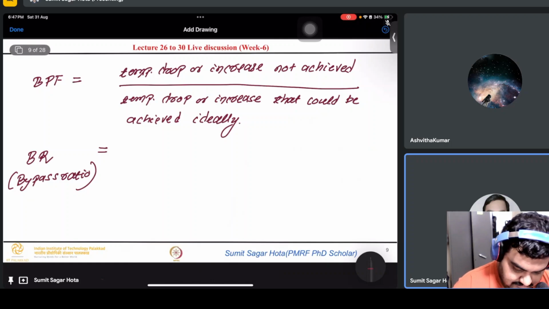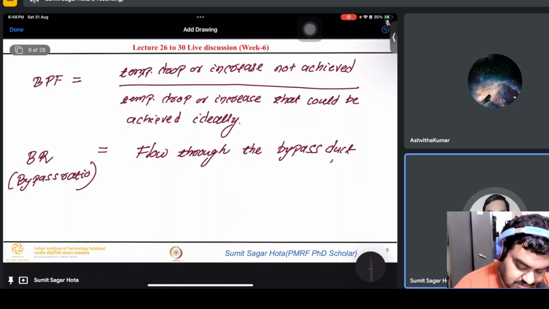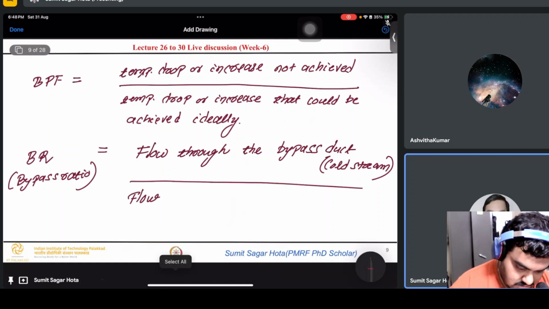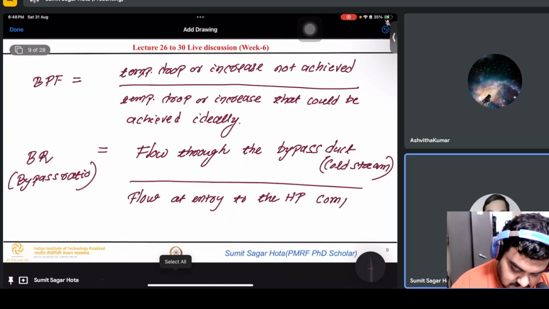Now the bypass ratio is the flow through the bypass duct, cold stream, divided by flow at entry to the high pressure compressor, which is the hot stream.